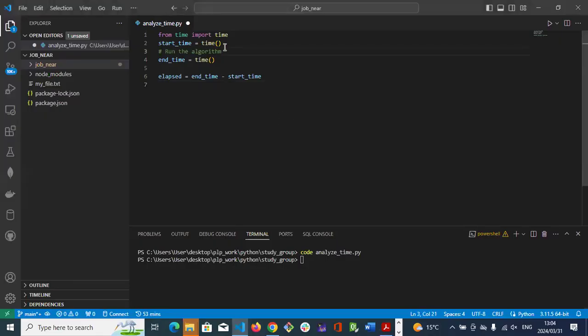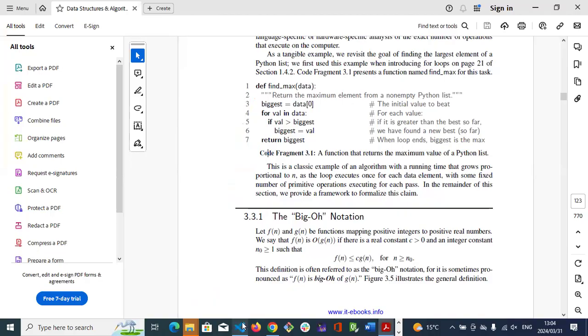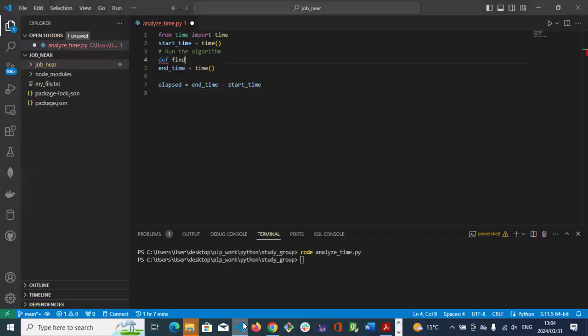So this is where we said we're going to run our code. We said def find_max of data.